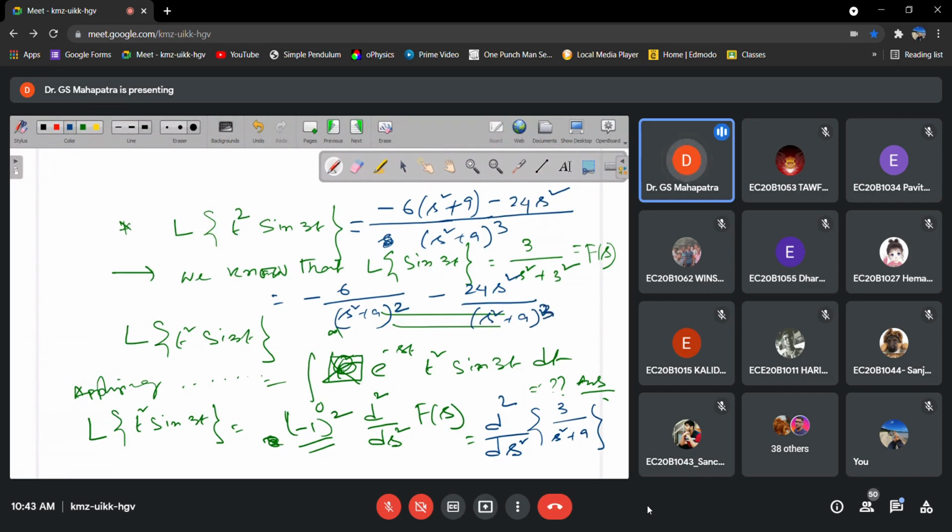This is what you did in the Laplace transform, but in applications you have to find the inverse Laplace transform, and such types of functions you can't invert. So it is better to write like that. Your answer is there, but it is better to write the process after finding the derivative.